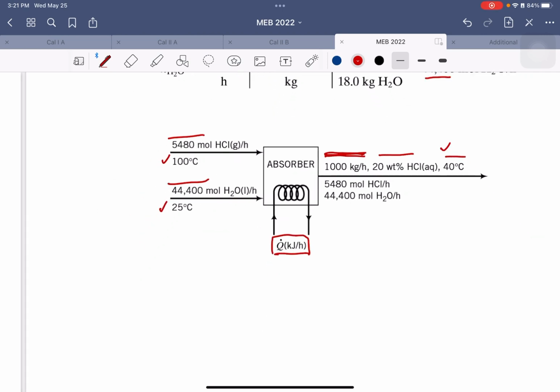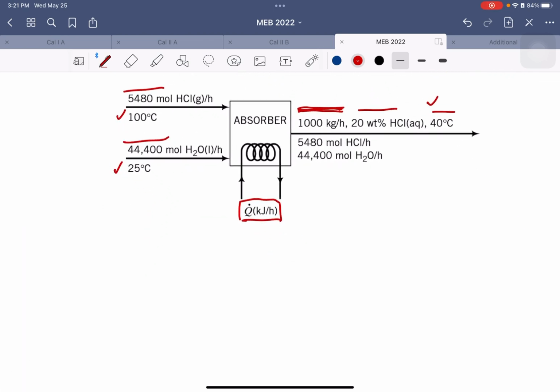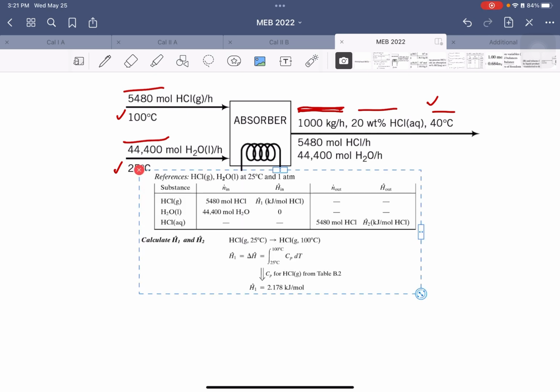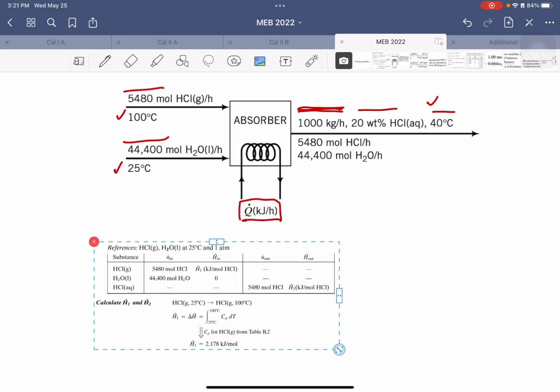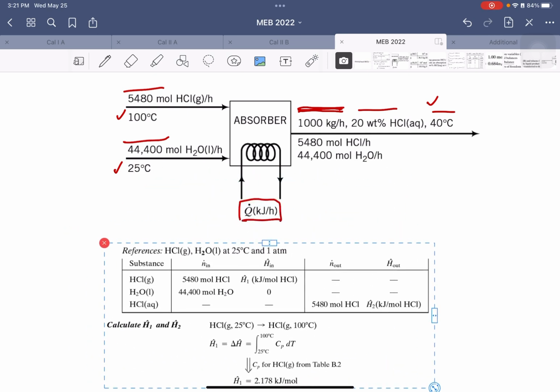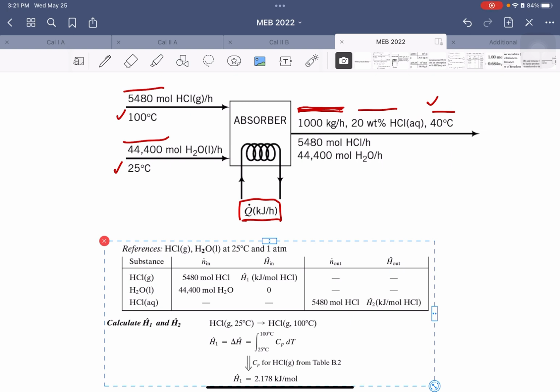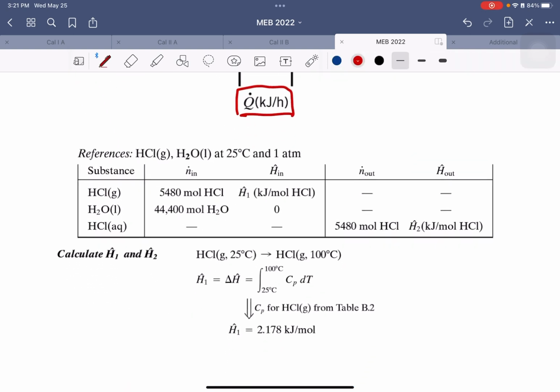Now, after we set the diagram, we set up the reference and put all the information into a table of moles and specific enthalpy. First, we take the reference: HCl and H2O at 25 degrees Celsius and 1 atmosphere.